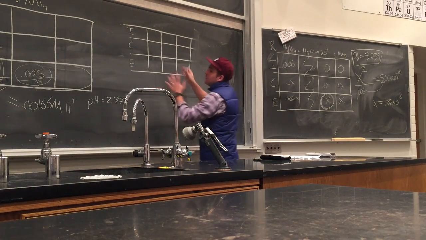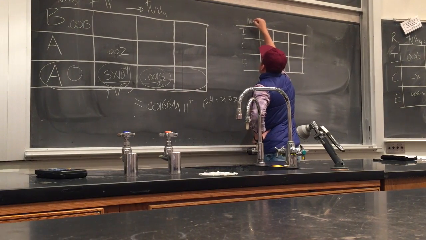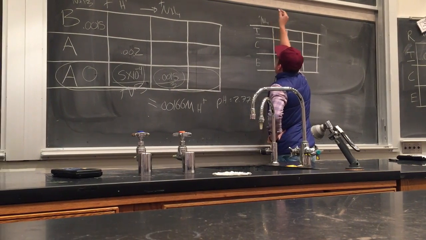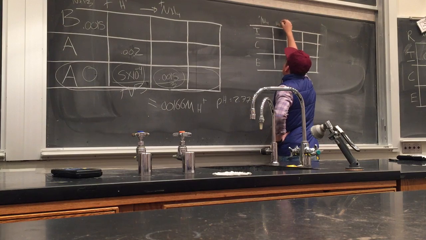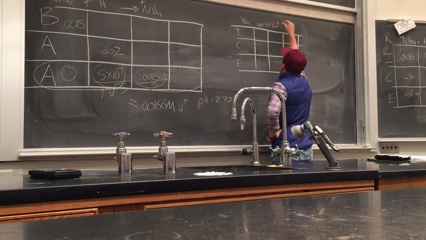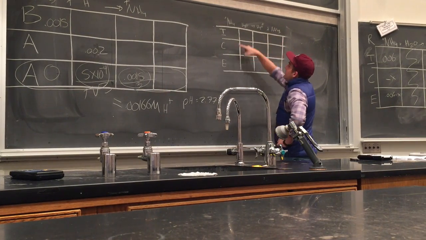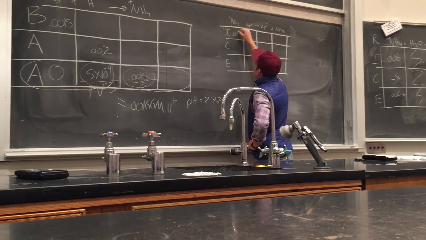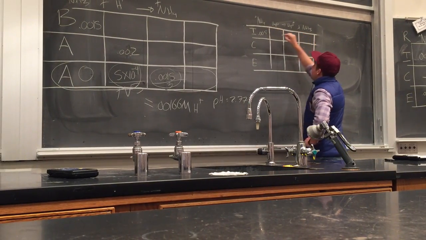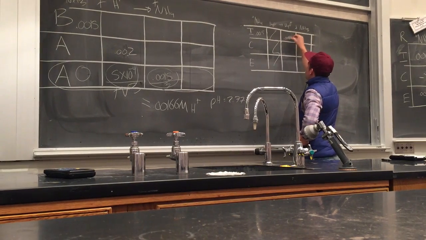So come into your ICE table and rewrite the equation. I know that I have NH4 here, and it's going to try to react with water. And that's going to give me H3O+ and my NH3. I have an initial concentration of this at 0.005. I also have an initial concentration of this one at 0.00166, right?